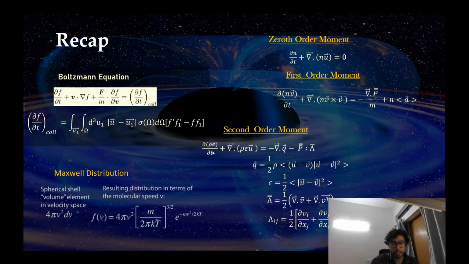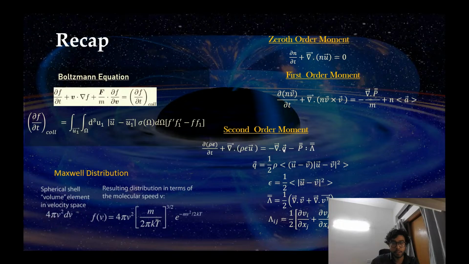This epsilon is the internal energy of the fluid, and the change in internal energy is dependent on the flux of internal energy, and there is an additional term, this Q, which is the heat flux. If any external heat is flowing into the fluid, that will also determine how the internal energy of the fluid changes.